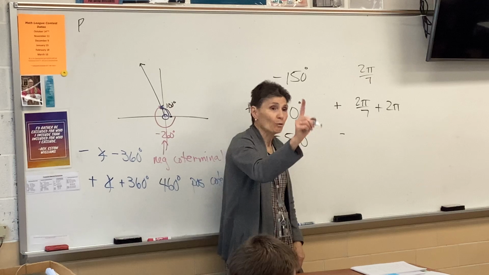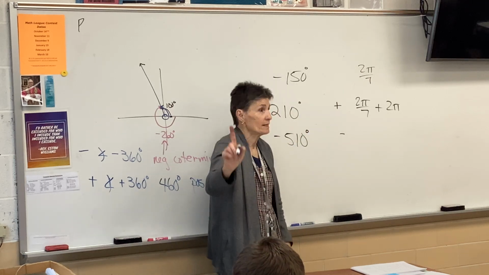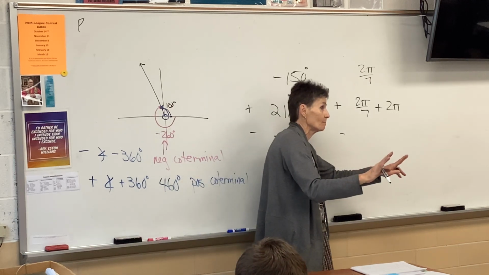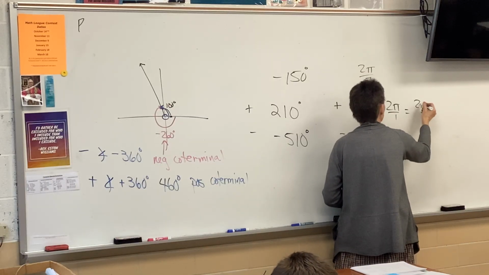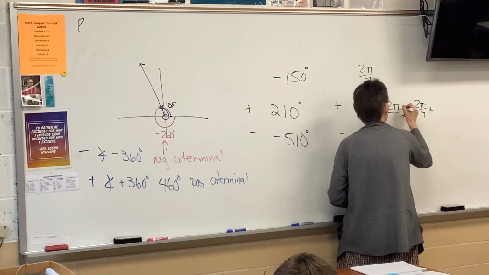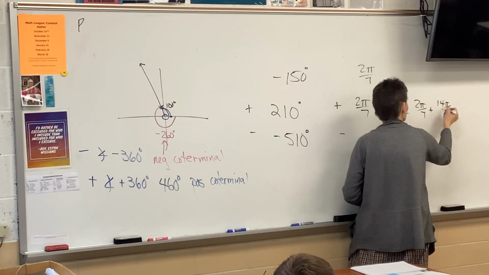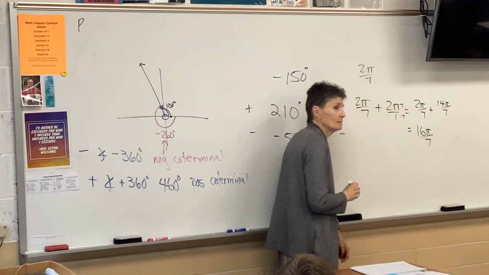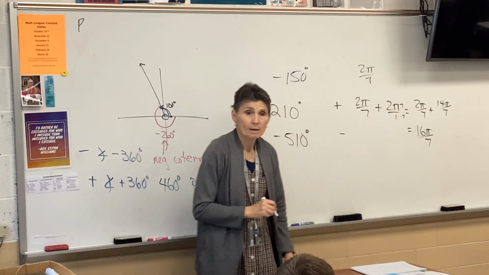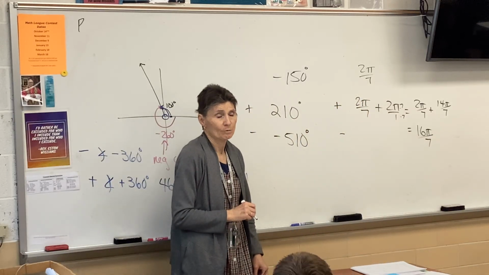You add a revolution, and a revolution is 2 pi radians. So we'll get a common denominator. That's 2 pi over 7 plus 14 pi over 7. So 16 pi over 7 is your positive coterminal angle.